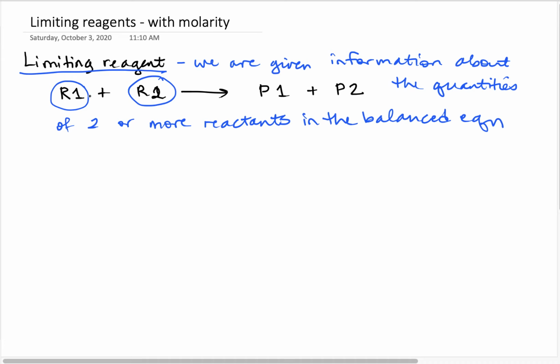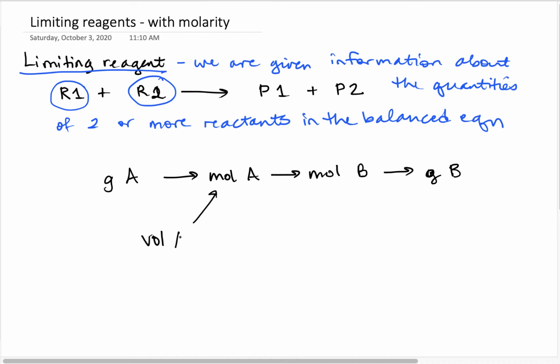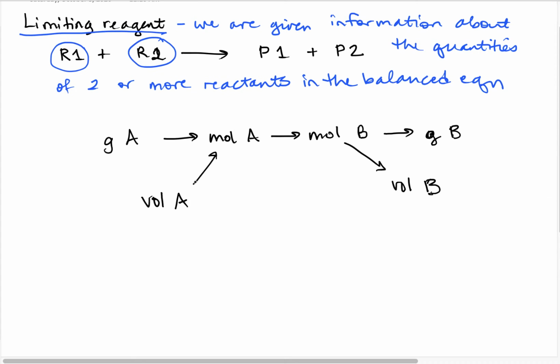So when we do limiting reagent problems, these are stoichiometry problems, and I'm going to draw this little diagram that you're probably getting a little tired of by now. And now we have more than one track. All right, so in this track, whenever we're doing our limiting reagent problems, we're going to follow our track and our process the same way.